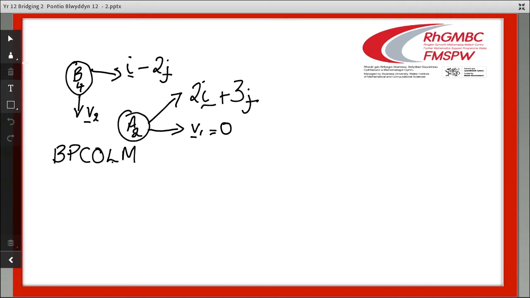Now, according to the rules of the conservation of linear momentum, the momentum prior to the collision is equal to the momentum post-collision, after the collision. So if I set it out in columns in terms of i's and j's, the first one is twice m times v, so it's twice 2i plus 3j.